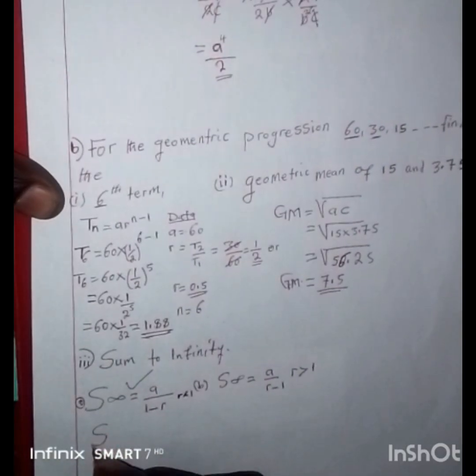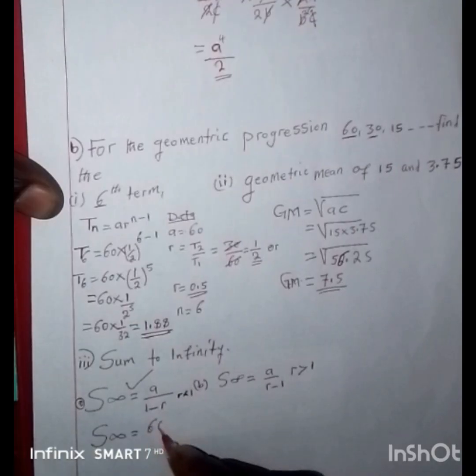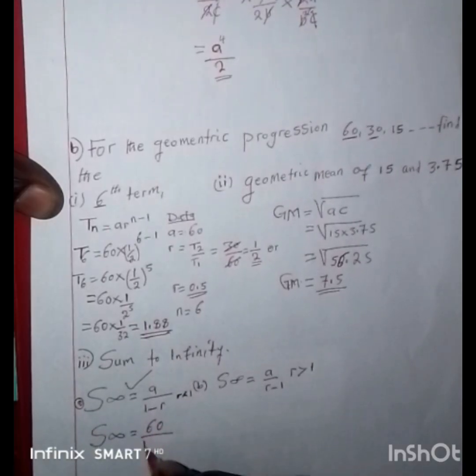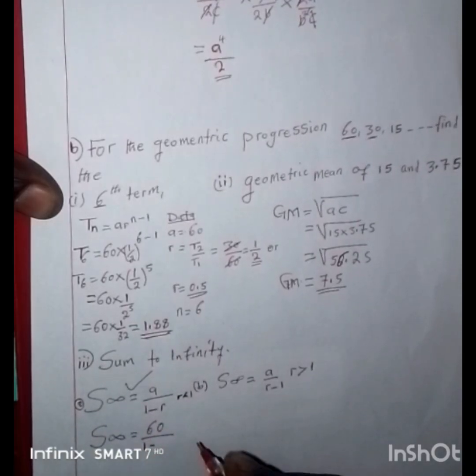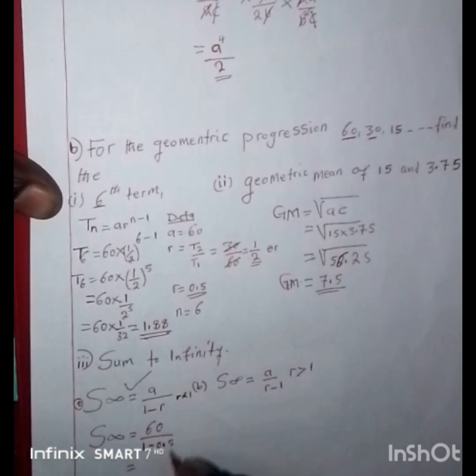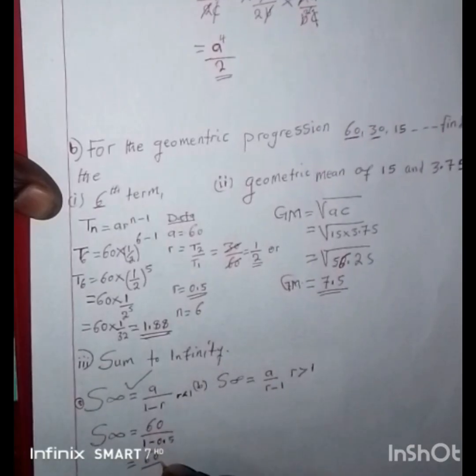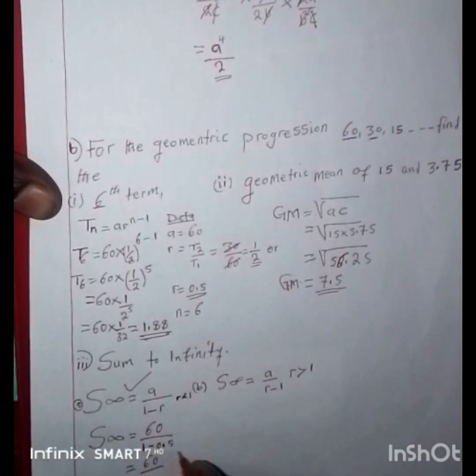So sum to infinity is equal to first term 60 over 1 minus 0.5. You can use the decimal if you want, which is 60 over 1 minus 0.5.